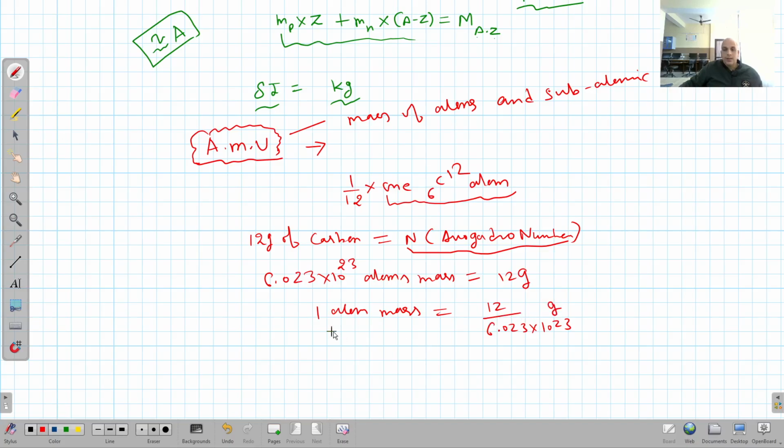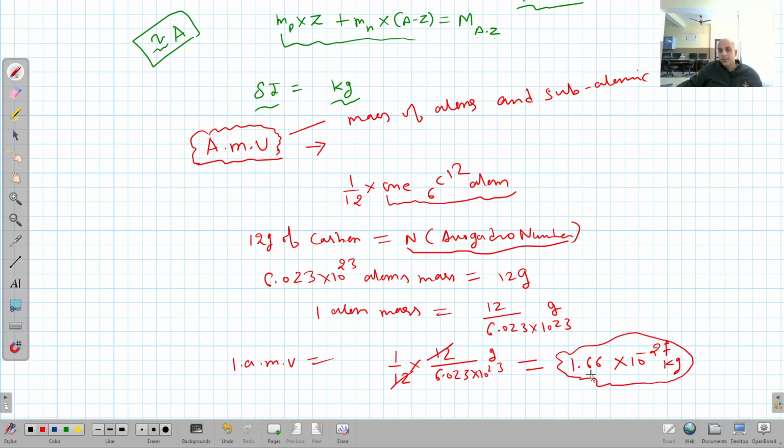Now I can take the 1/12, because 1 AMU is equal to 1/12 of this. So 1/12 multiplied by 12 divided by 6.023 into 10 raised to power 23 gram. The 12 gets cancelled, and after simplification you will get 1.66 into 10 raised to power minus 27 kilogram. So this is the value of 1 AMU, 1 atomic mass unit.